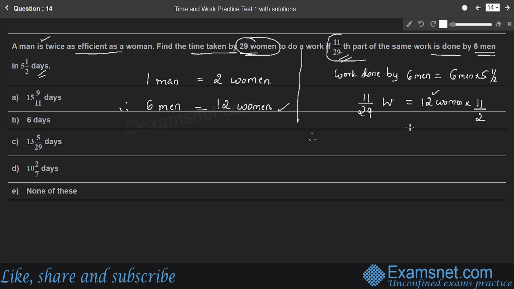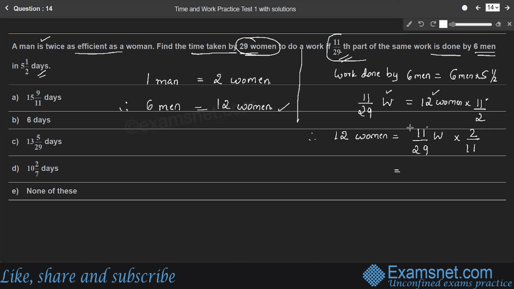Here 12 women is nothing but their efficiency, which is equal to 11 by 29 part of total work. So this left hand side part, divided by 11 by 2, becomes 2 by 11 into 2 by 11.